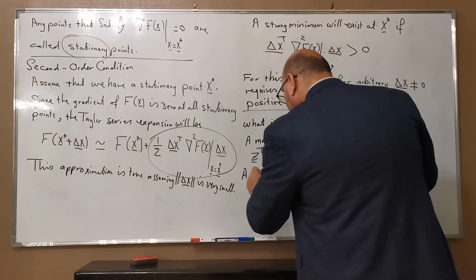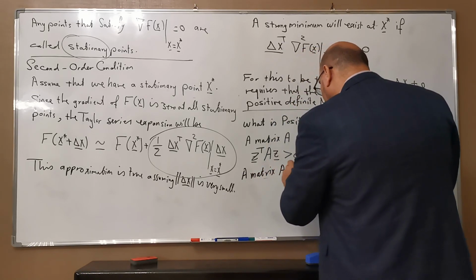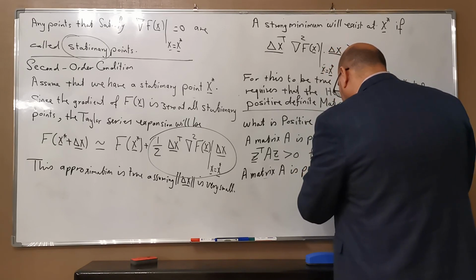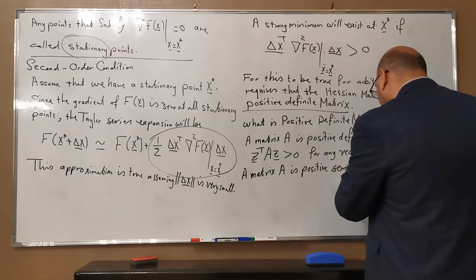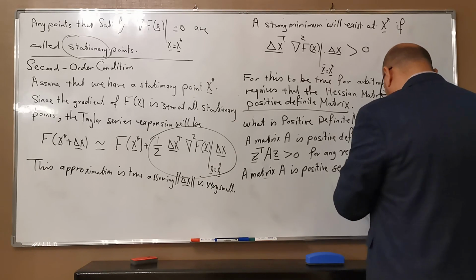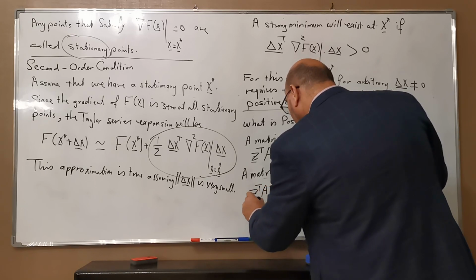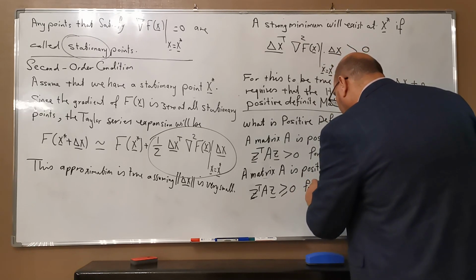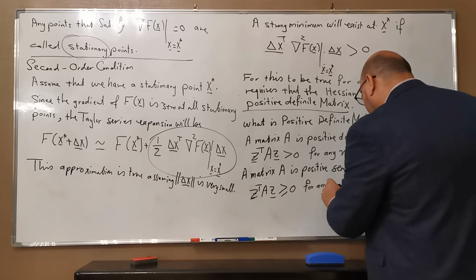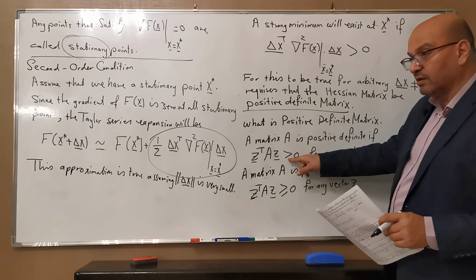A matrix A is positive semi-definite if Z transpose AZ is greater than or equal to 0 for any vector Z. So for a matrix to be positive definite, this should be greater than 0.